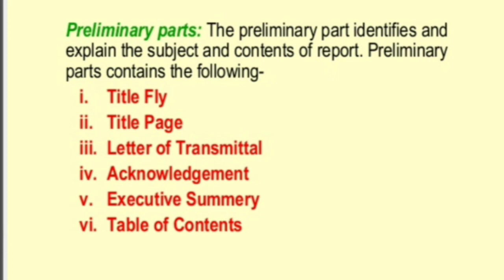Executive summary indicates the total information about that project. Table of contents, you all know, clearly explains the particulars, pages, items, and any graphs or other charts. All this information we can find in the table of contents.